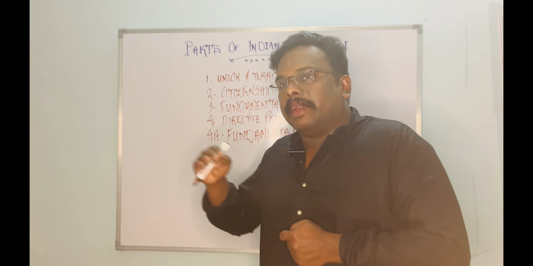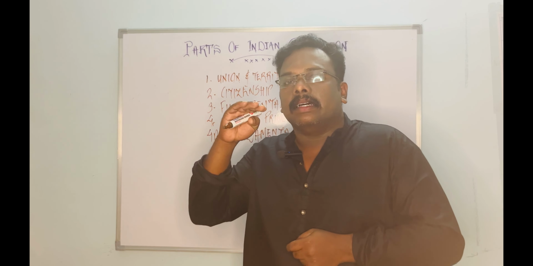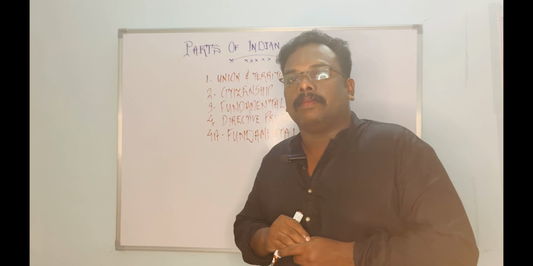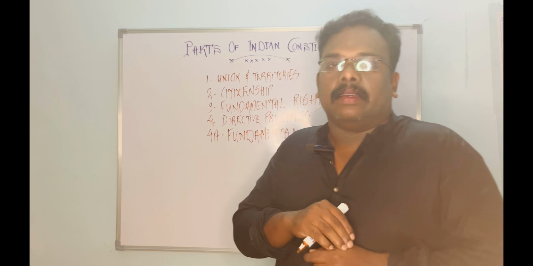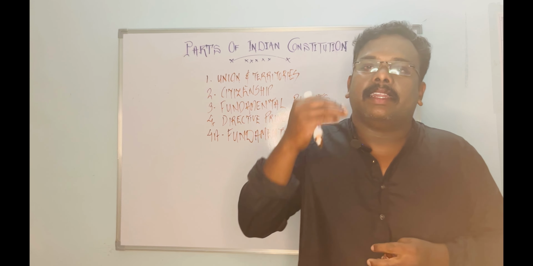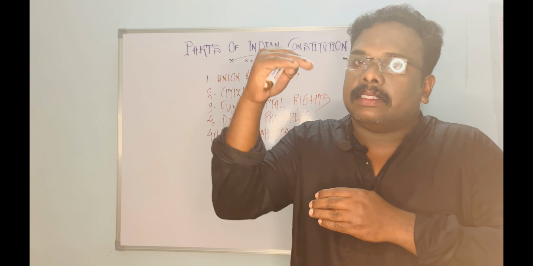Then we are going to elaborate various administrative divisions of the government, here the union government. In the case of India, India is a federation of states with unitary tendencies. That means more power lies with the central government.